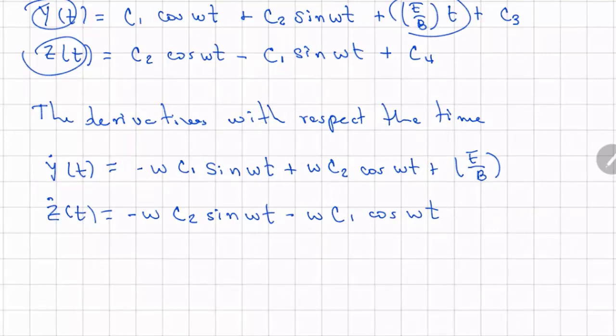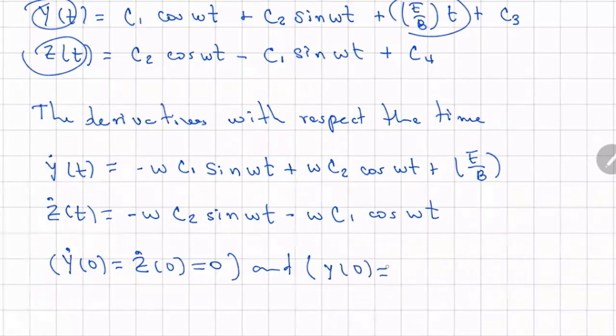So we know that the particle started from rest at the origin, because we know that those are the initial conditions of the problem. So the initial conditions are y dot of 0 equals z dot of 0 equals 0, and y of 0 equals z of 0 equals 0. That means that the particle started moving from rest at the origin of the coordinates at t equals 0.